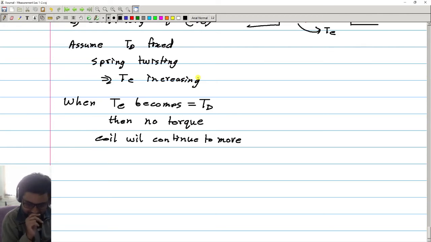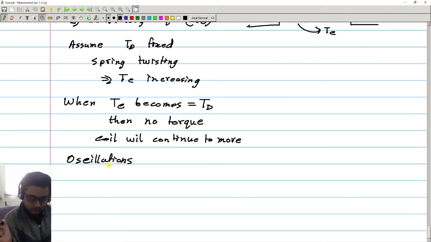Right now, what I just said is that this will cause oscillations, and so we need to stop oscillations. And how do we stop oscillation? We need some dissipating force, some sort of friction, something like that.